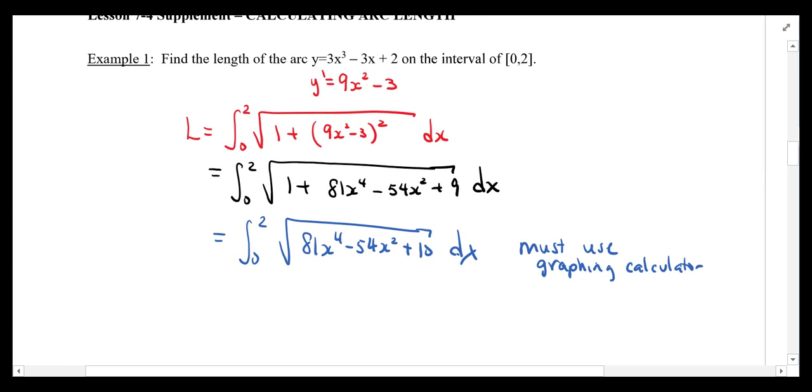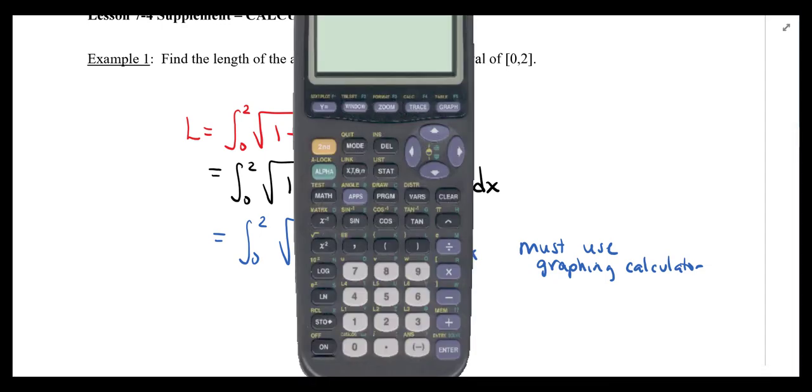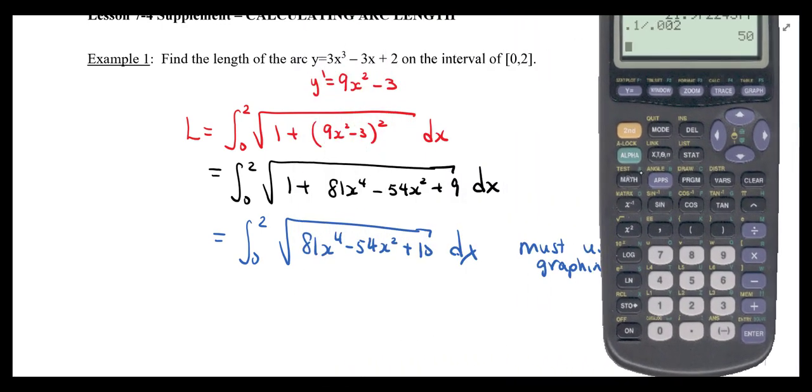FNINT, remember that? Function integration? So I've got the TI-83, Math, number 9, I think it was. Yes, function integration. Here we go. It's the function itself first. So the square root of 81x to the power of 4 minus 54x squared plus 10.